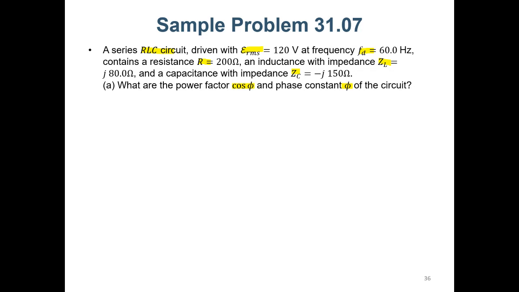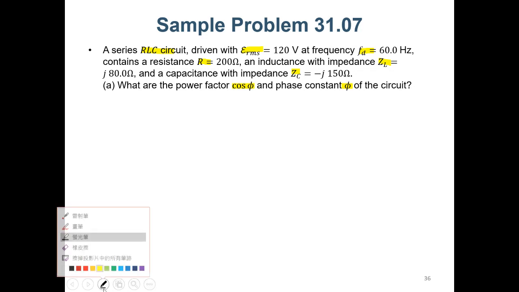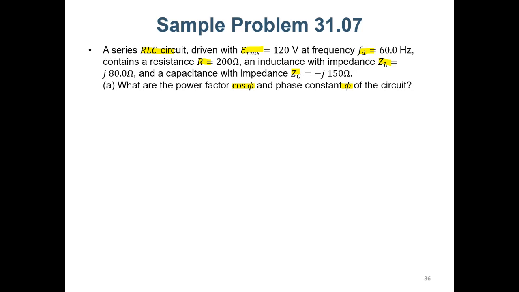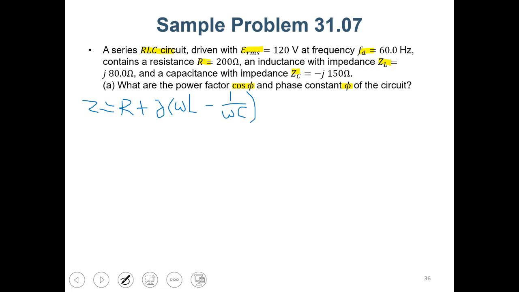Actually, we still use Z equals R plus j omega L minus 1 over omega C, something like this.